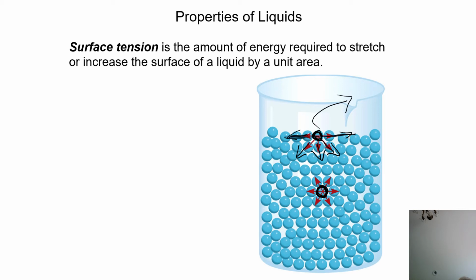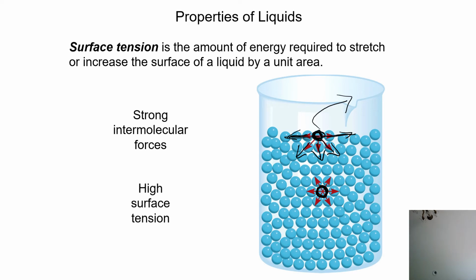But surface tension can also be thought of as elasticity. How elastic is the surface? How far can it be stretched? If we have strong IMFs, we have high surface tension, okay? And water has a very high surface tension.